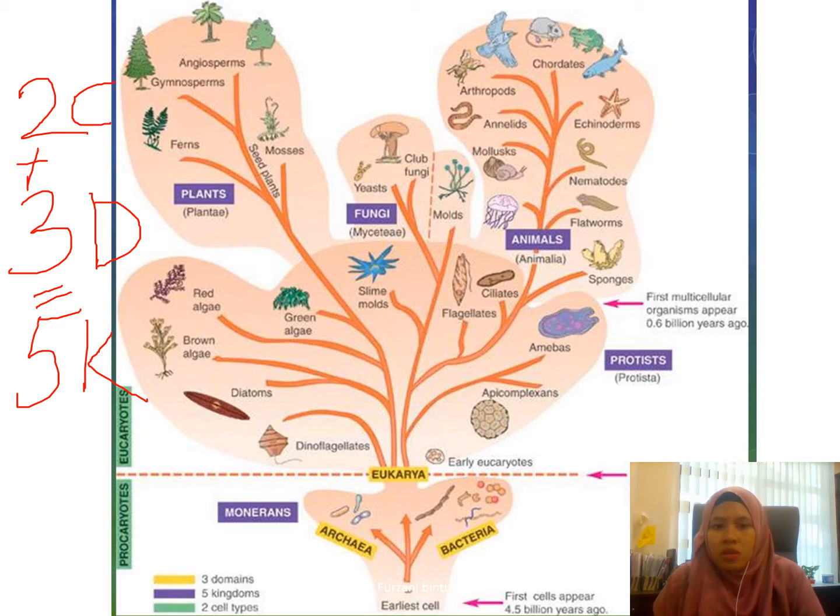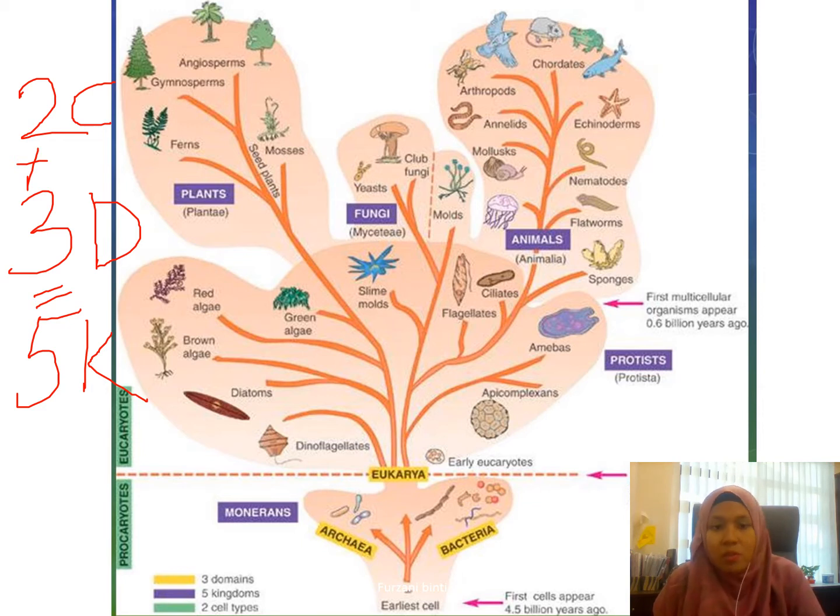Automatically we know that the 4 kingdoms of plants, fungi, animals and protists are eukaryotes. The remaining one, the last one, is called kingdom monerans, and it's in the prokaryotes. If you remember this diagram, it will be easier for you to understand whatever comes after this.